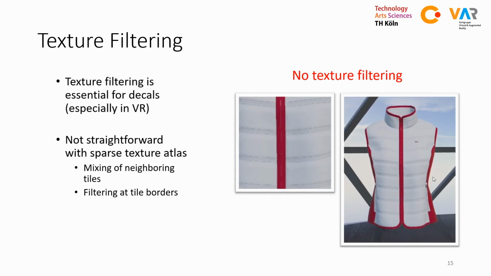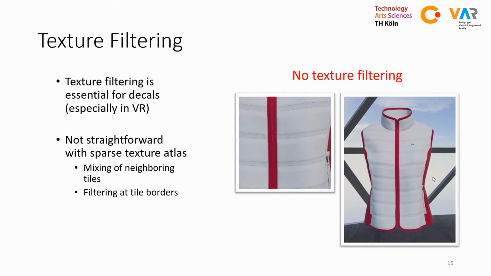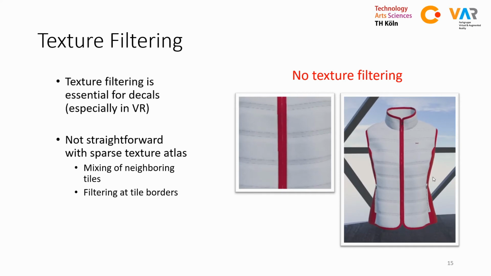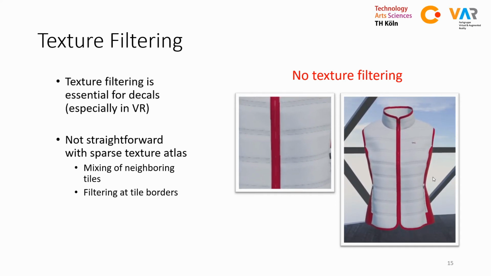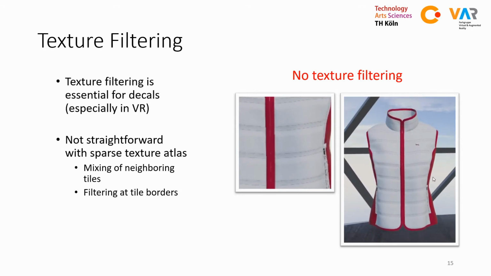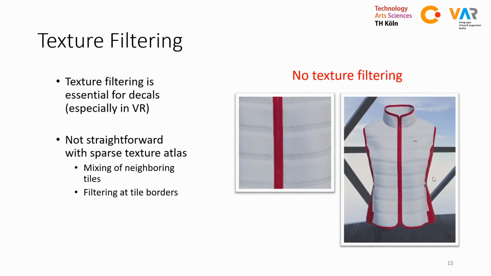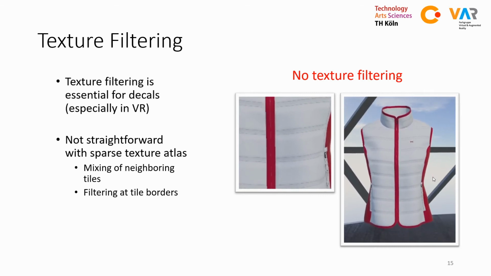One important thing that needs to be addressed when rendering decals is texture filtering. As decals represent individual objects, a lot of outlines will be present. These are a well-known source of aliasing, particularly if we are dealing with small decals. They cause flickering artifacts, as can be seen here in the video, and this is especially noticeable in VR.